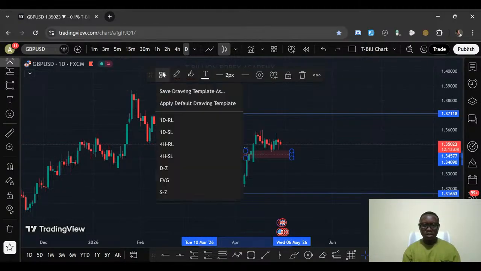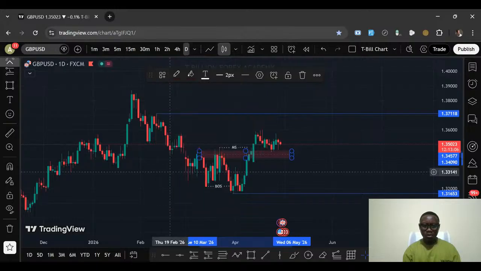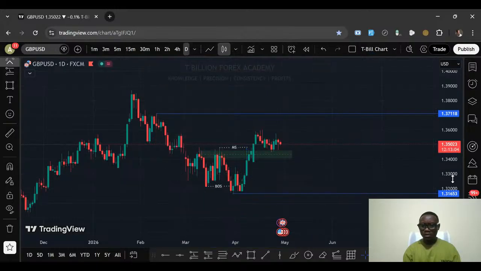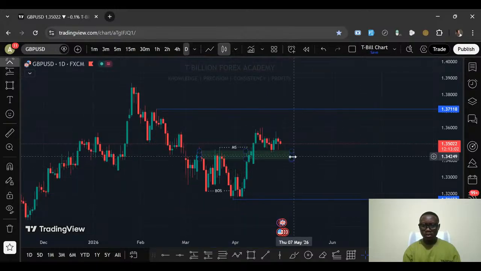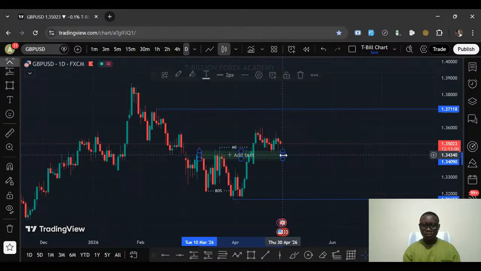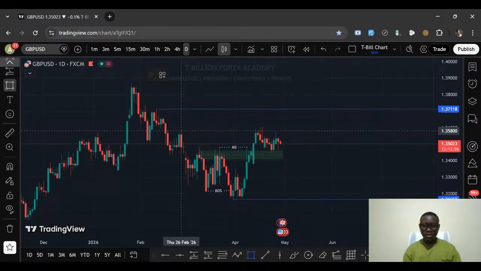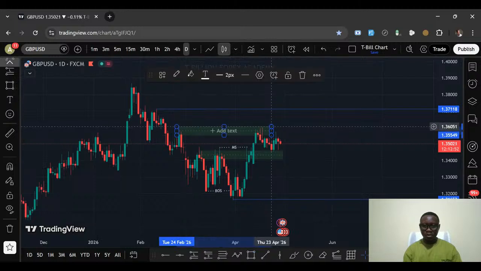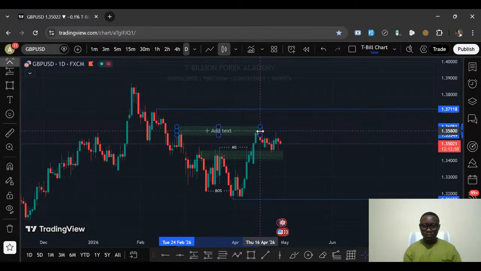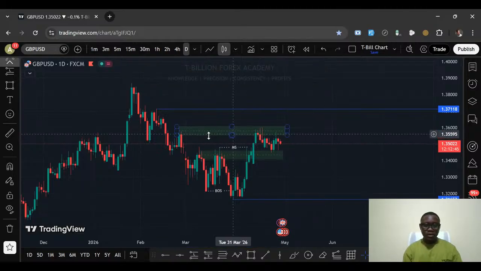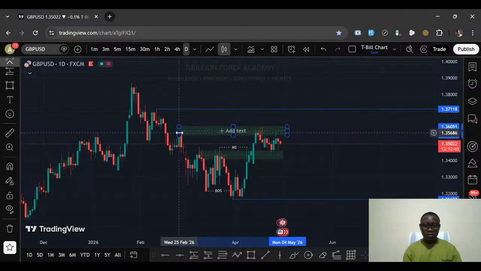This is a bullish breaker block POI on the daily time frame, beautiful. Now, of course, price also reacted at this order block. Price also reacted at this bearish order block zone right here.